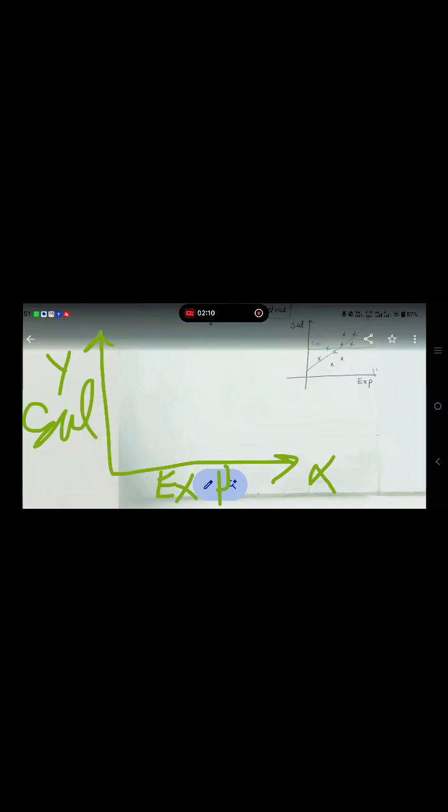So the independent variable is the experience of an employee while the dependent variable is the salary of an employee. Now we have these data points.